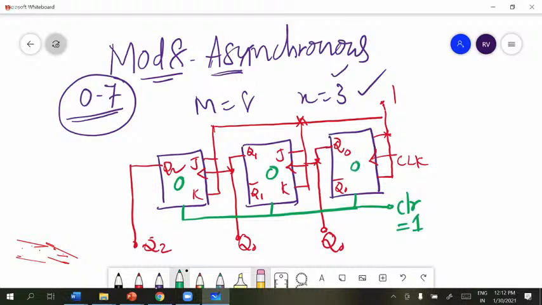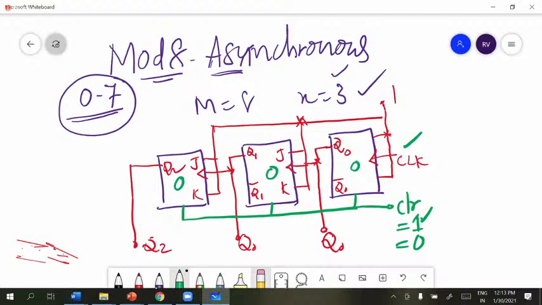We don't know what is stored in those flip-flops, so initially you have to set clear high. Then you can reset all the flip-flops. Later, you set clear equal to 0. Once you give clear 1, later you set that to 0. Then start giving the clock pulses.